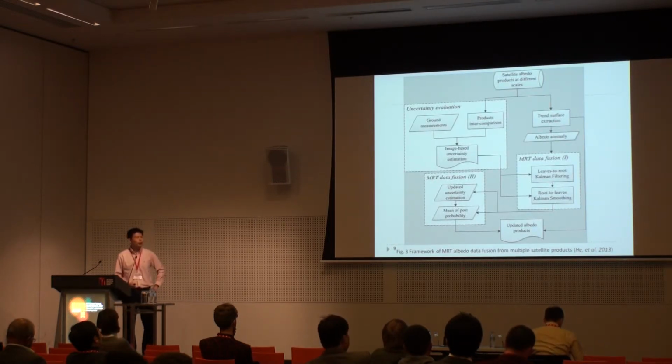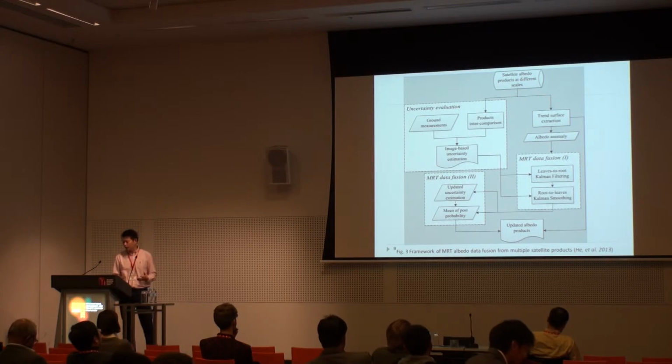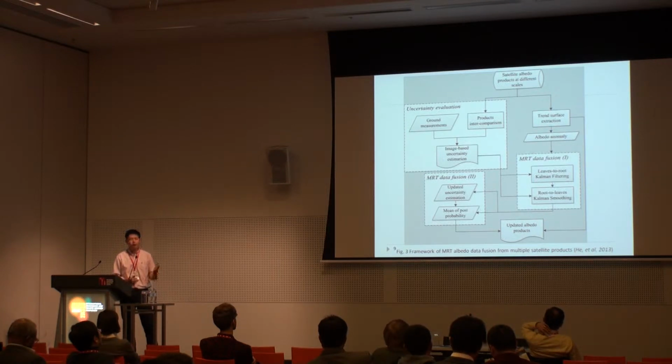This is the framework of how we carry out the MRT to fuse multiple satellite products. Firstly, we collect multiple original satellite products and also the ground measurements to do the accuracy evaluation to get the image-based uncertainty estimation.